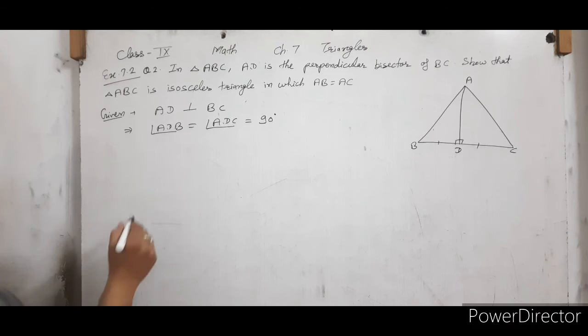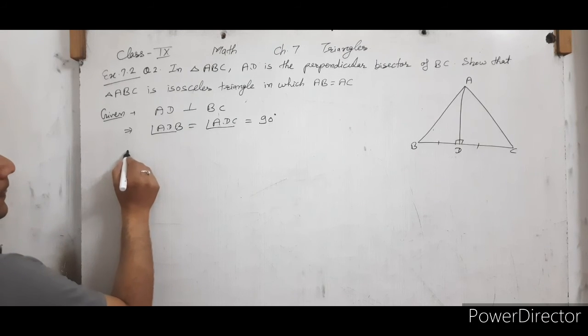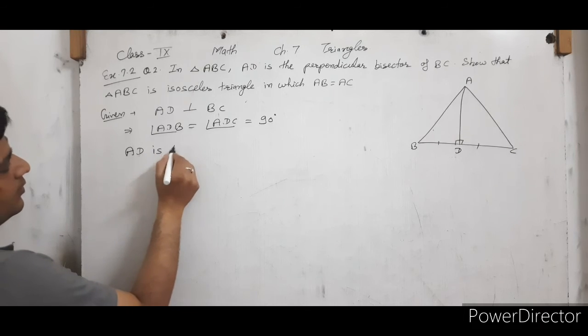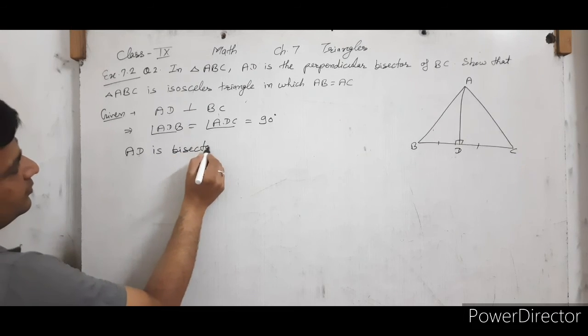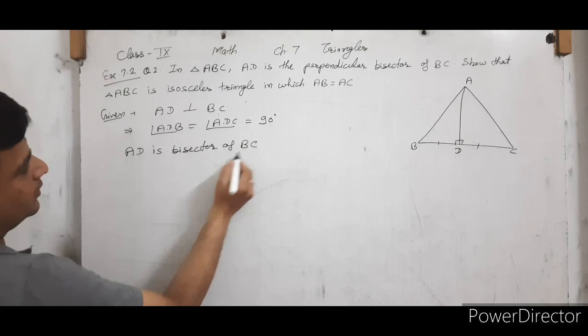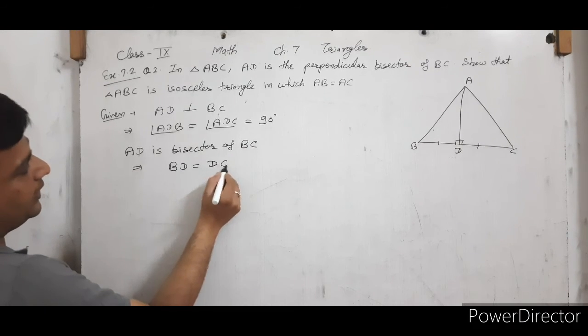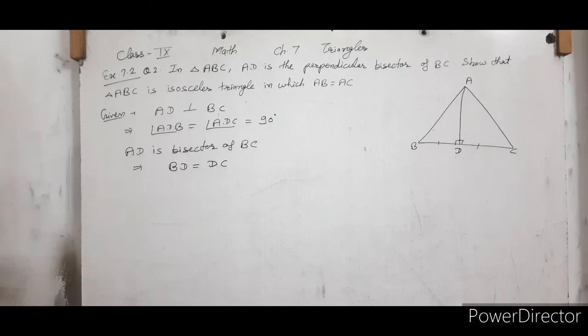And it is also a bisector, which means AD bisects BC. It means BD is equal to DC. It's given. We have to prove that triangle ABC is an isosceles triangle in which AB is equal to AC.